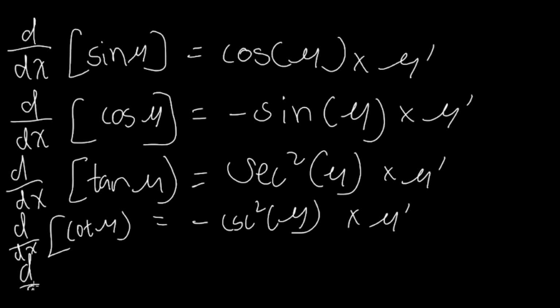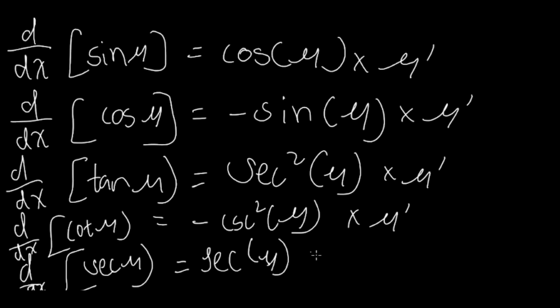The derivative of secant u is equivalent to secant of u times tangent of u times u prime.